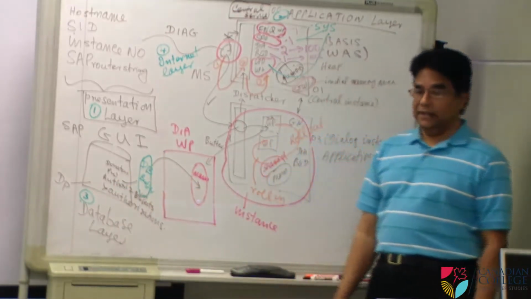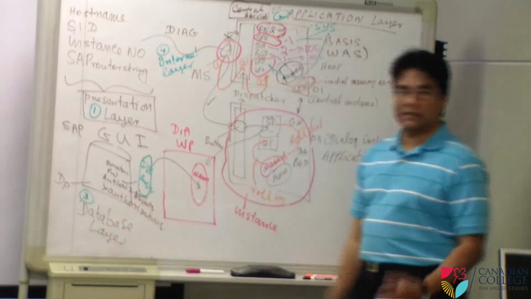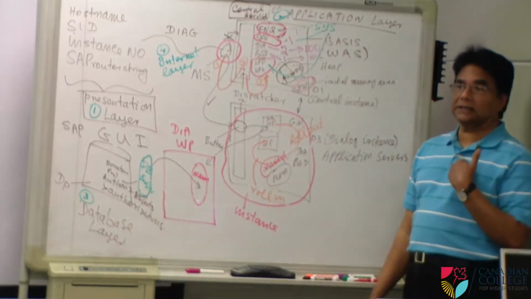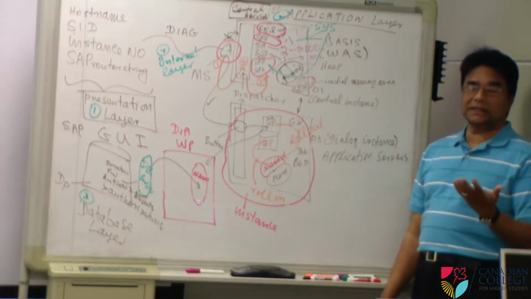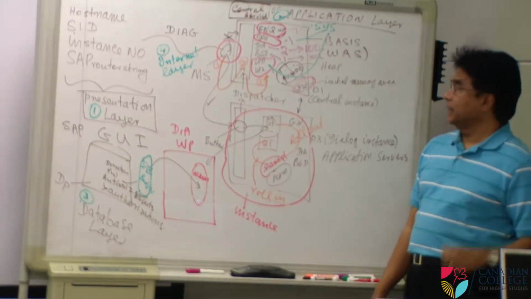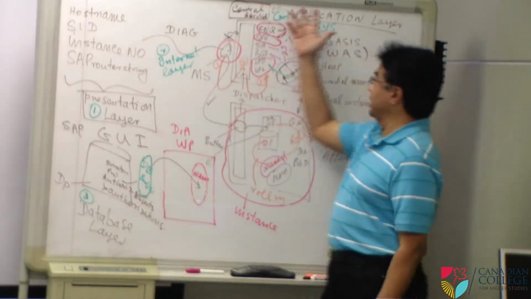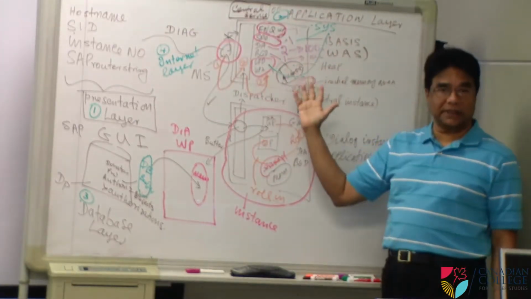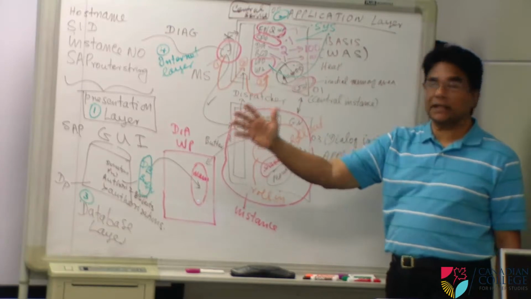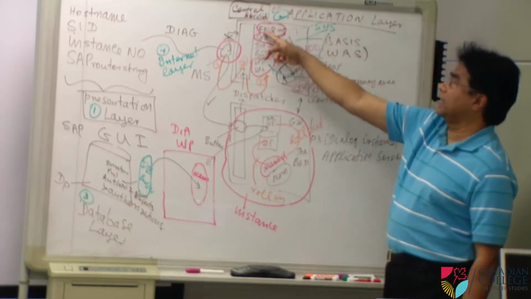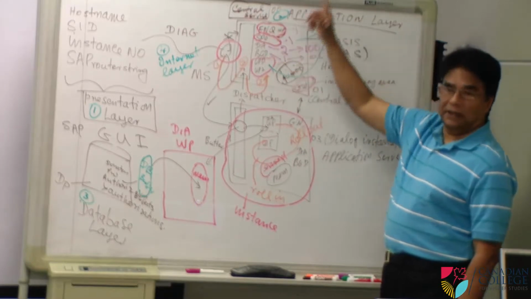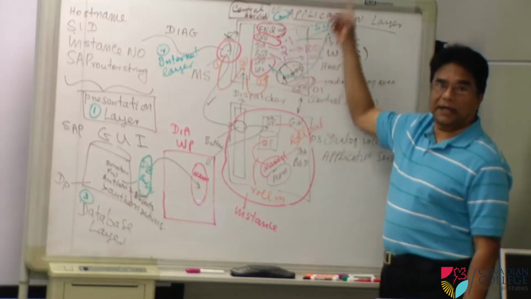Right? So we have the database layer, which has the database of all the customers, the users, materials, everything, all the data. And we have the application server which does all the processing, and all the applications are running on top of this. I have finance, HR, MM, SD, all of them running on top of this.